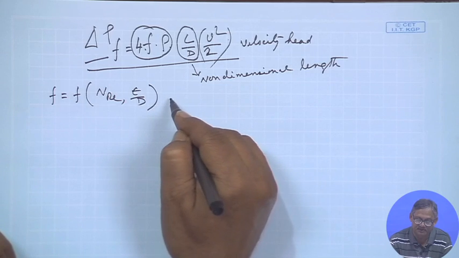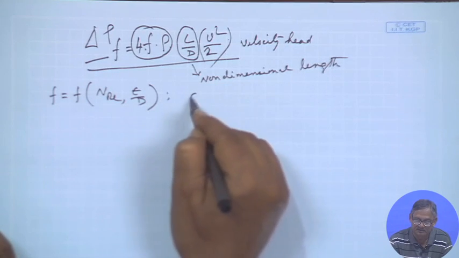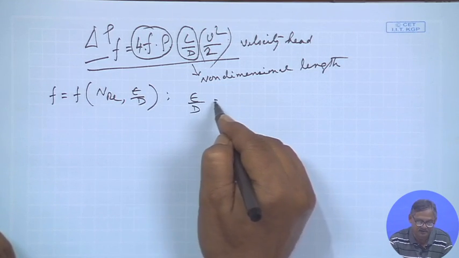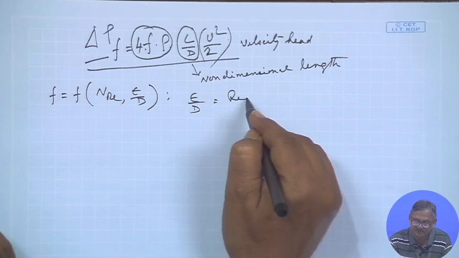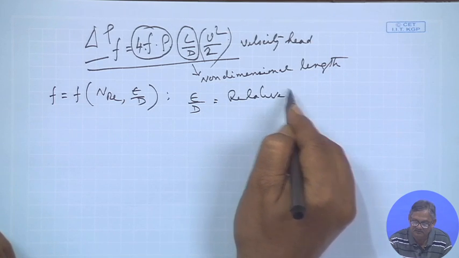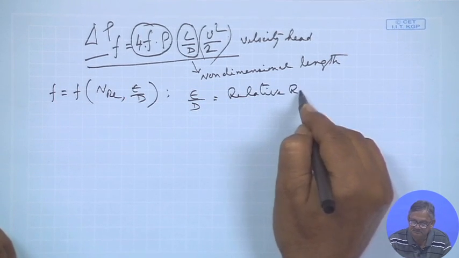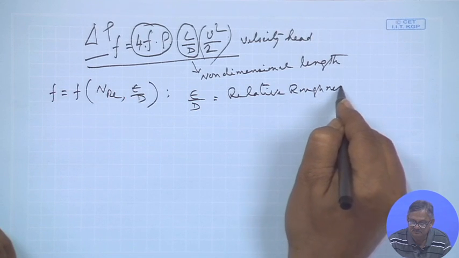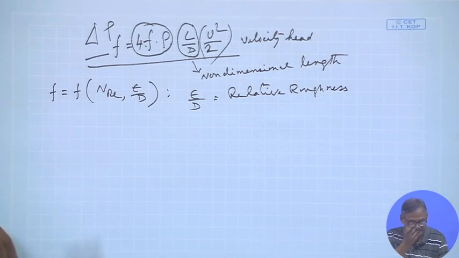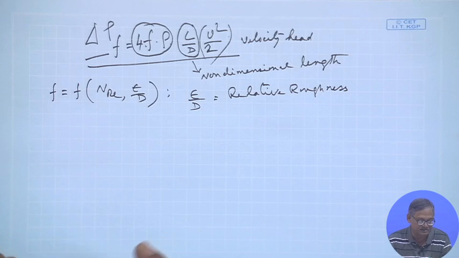This epsilon by D is known as relative roughness.